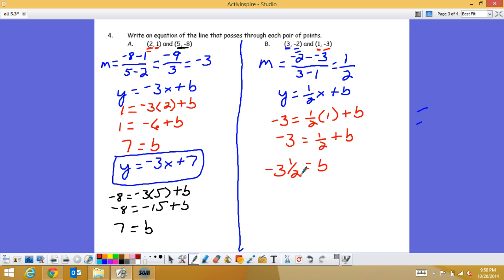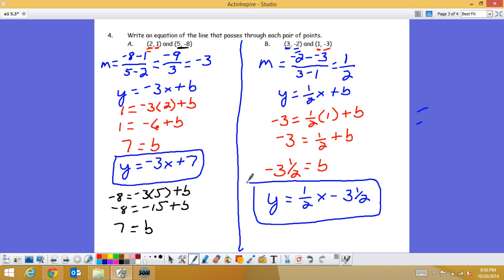Or if you'd rather an improper fraction, that would be -7/2. So our linear equation for the line through these 2 points is y is equal to 1/2 x minus 3.5. And that is the equation for the line through those 2 points.